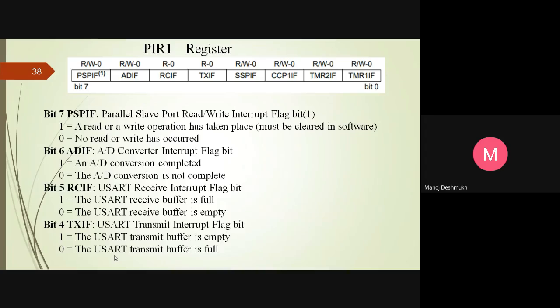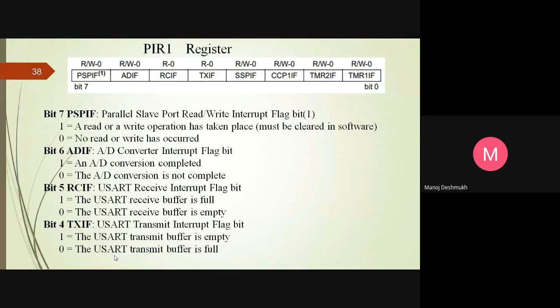Writing or clearing the contents is not the case here, because communication is going on, and only when the 8-bit data is completely received will it activate. The same case applies to the transmission interrupt, TXIF. These two interrupts are read only, and we have to clear them in the software itself.